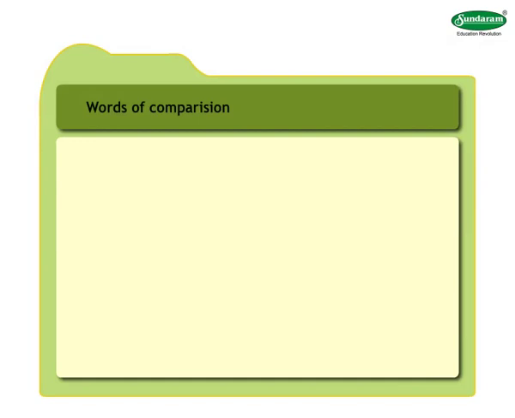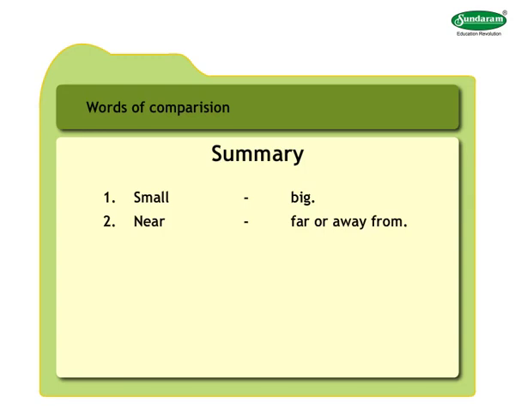Students, we have learnt many words of comparison in this chapter. Let us summarize them. Repeat the words with me aloud. 1. Small, big. 2. Near, far or away from. 3. Behind, in front of. 4.